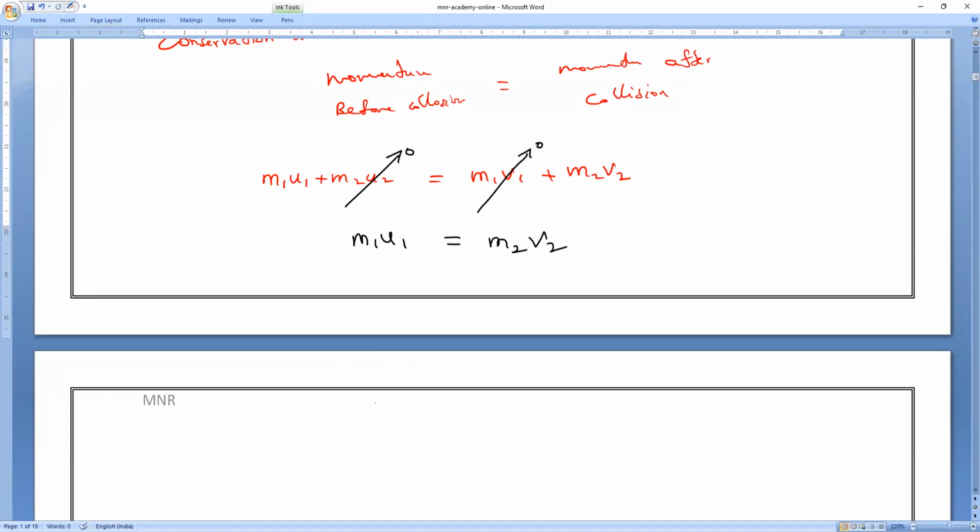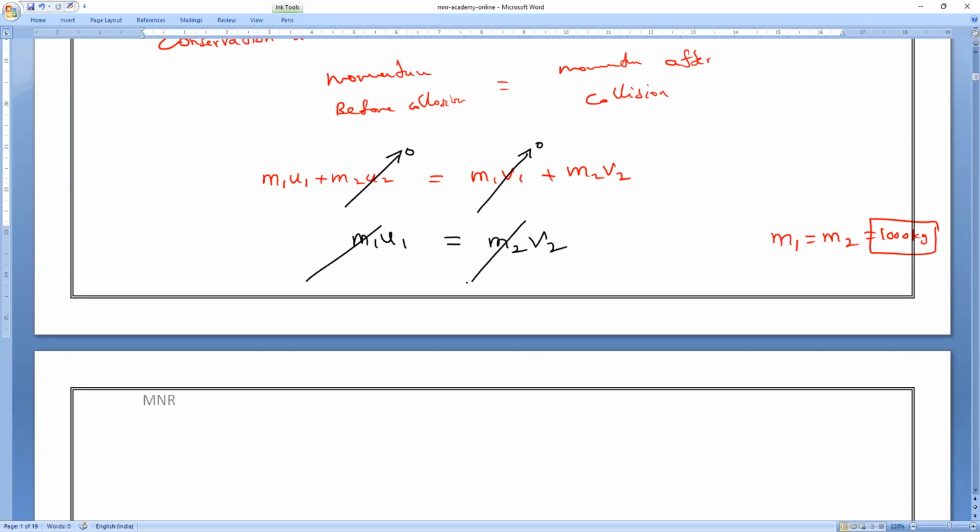So the mass, you can write it. Mass is equal to 1000. Both the cars' mass is equal, am I right? How much kg is the mass of car A and car B? 1000 kg.